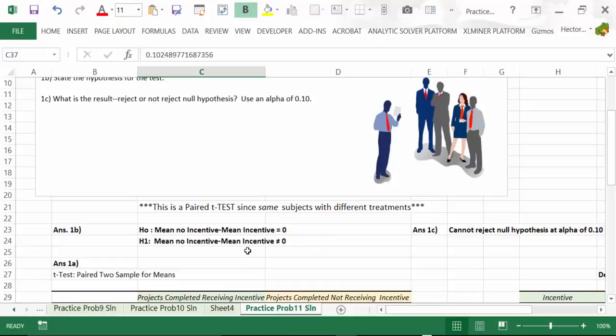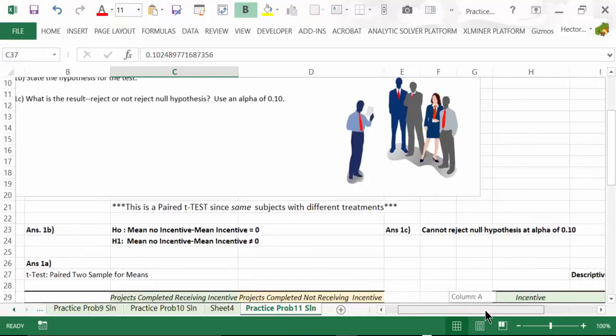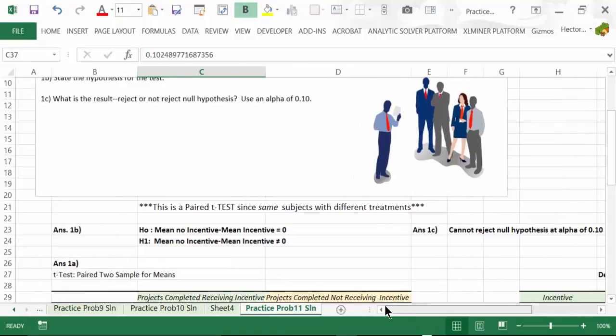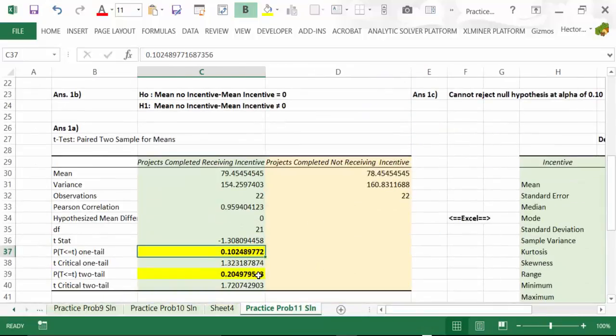There's no difference, and the alternative is that there's maybe a difference, but we don't know which direction. So I cannot reject the null hypothesis as a result, because the p-value, in particular for the two-tailed test, is larger than 0.1.